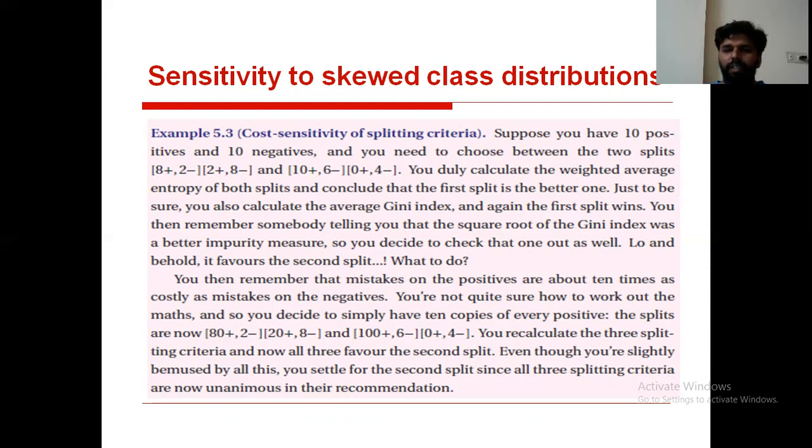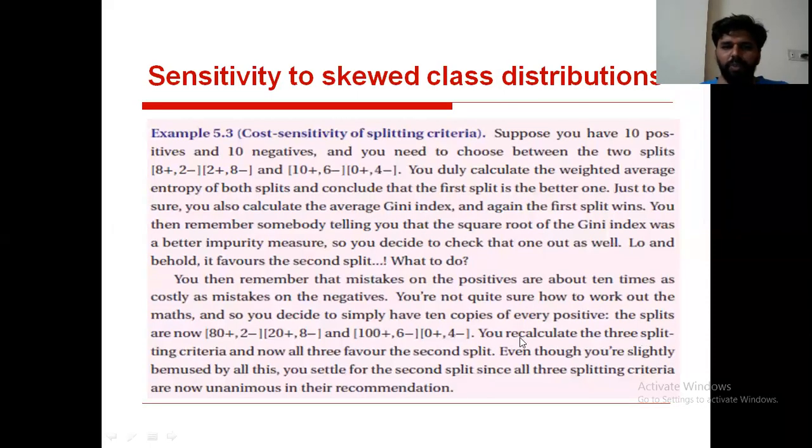Then what you will get? If you use these values, Gini index, entropy, and square root Gini will rank the second one as highest. Means in the first case, if you consider these segments, Gini index and entropy give the top rank to the first segment.